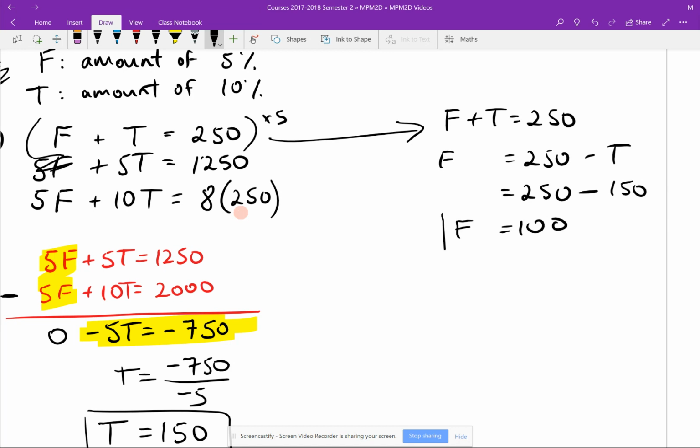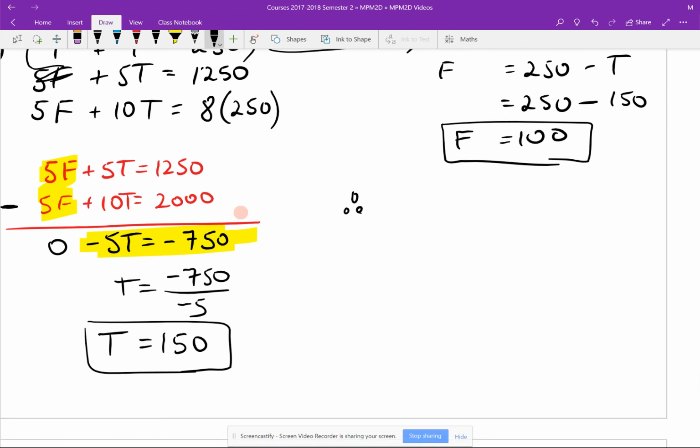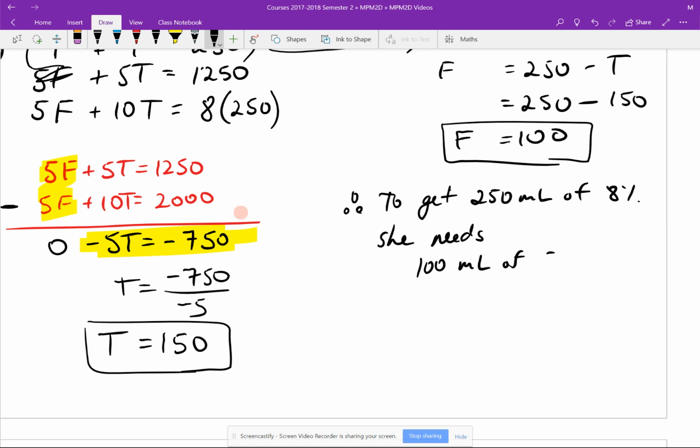The amount of 5% acetic acid I need is 100 milliliters. Therefore, to get 250 milliliters of 8%, she needs 100 milliliters of 5% combined with 150 milliliters of 10% to get the correct concentration.